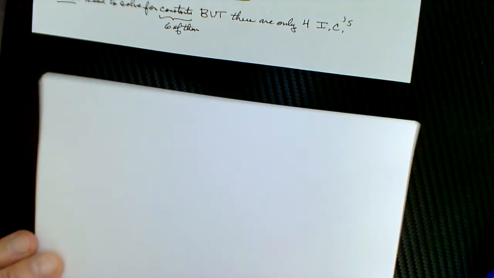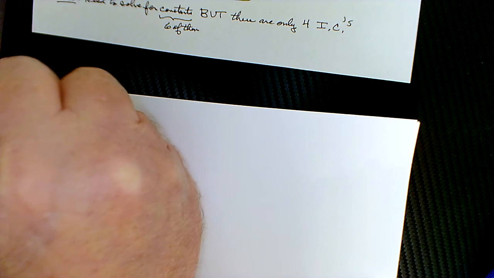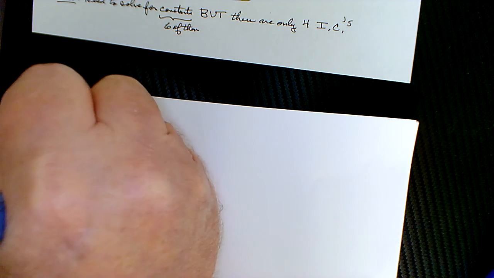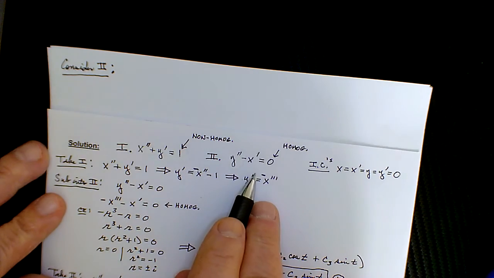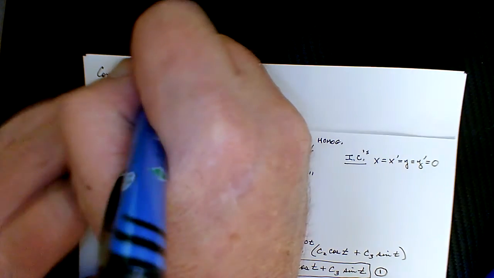And we'll consider, let's say, the equation that we called Roman numeral 2. Okay, now, so this is from the first page. That equation was y double prime minus x prime is 0.